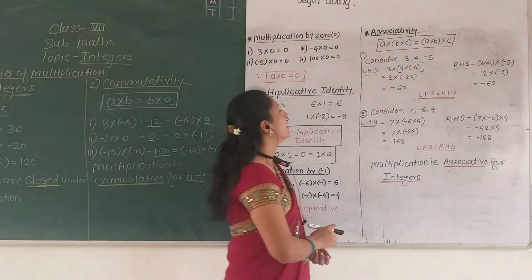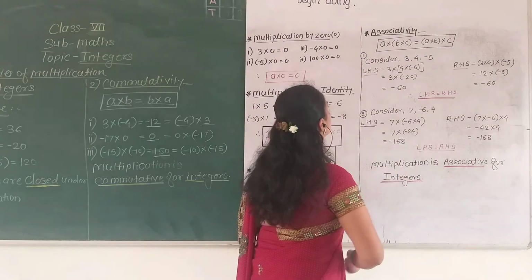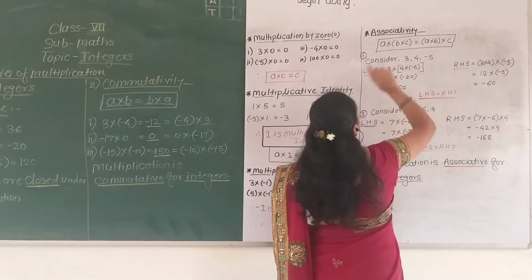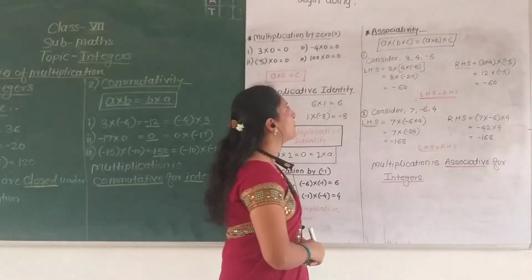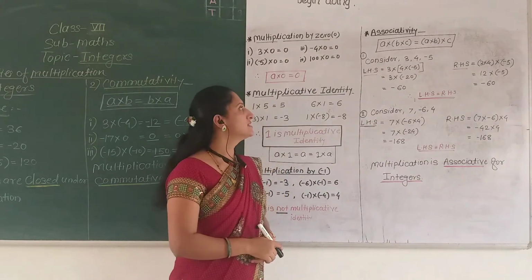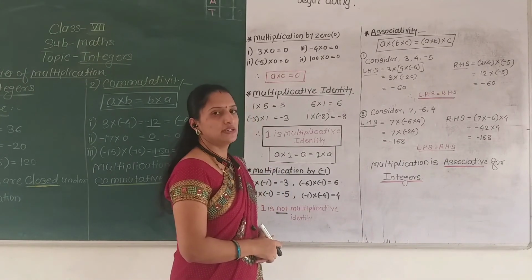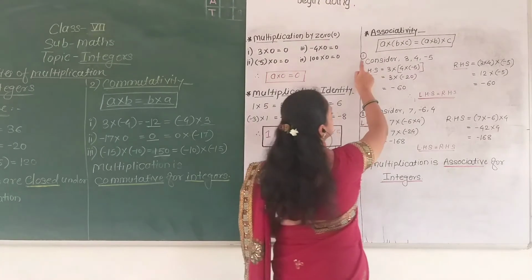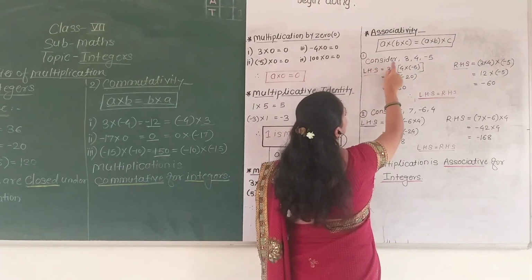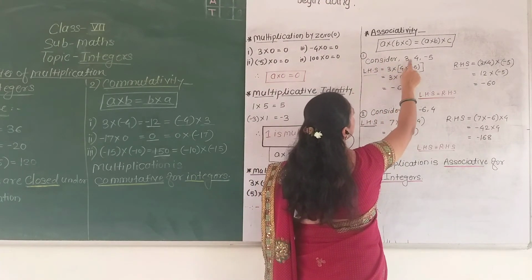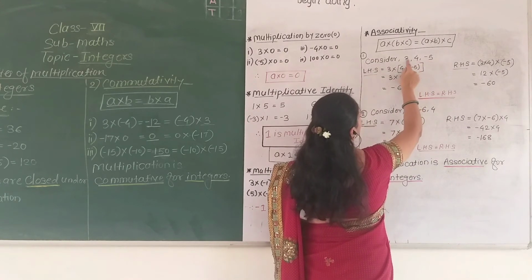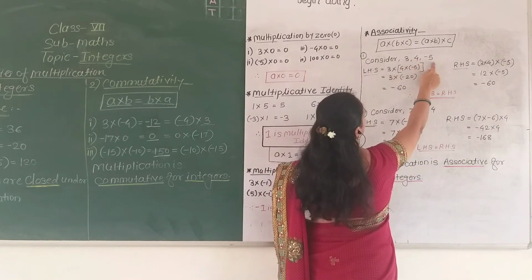Now look at another property of multiplication, which is associativity. The next property of multiplication of integers is associativity. So consider one example. Here I take three integers: 3, 4 and negative 5.